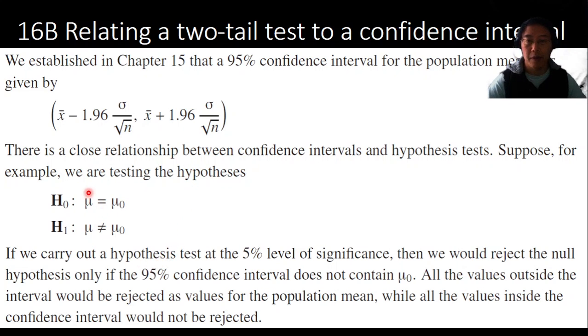So if we have our two hypotheses, and we carry out a hypothesis test at a 5% level of significance, then we will reject the null hypothesis only if the 95% confidence interval does not contain mu0, which is the value we had from the null hypothesis. So all the values outside the interval will be rejected as values for the population mean, while all the values inside the confidence interval will not be rejected.